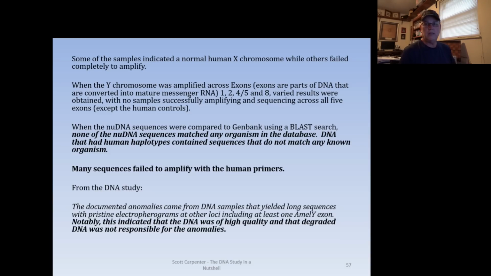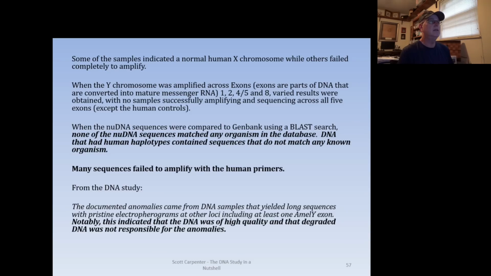Here's another thing that's very important. I'm going to harp on this: the human or non-human hair yielded human mitochondrial DNA, but when they got to the nuclear DNA, which comes from the father, they took the nuclear DNA and did what's called a BLAST search. I've explained that before.